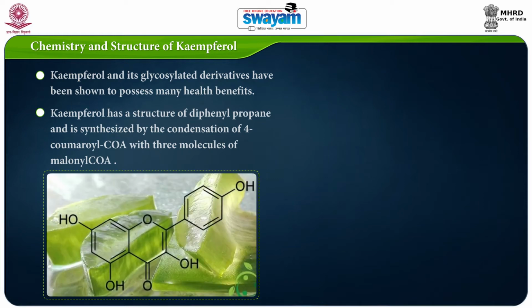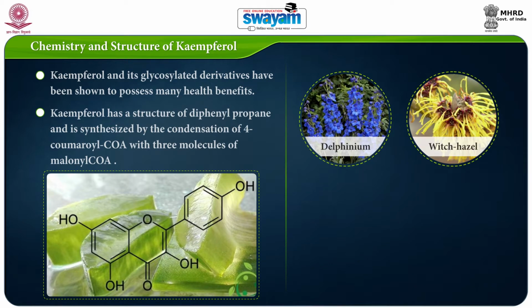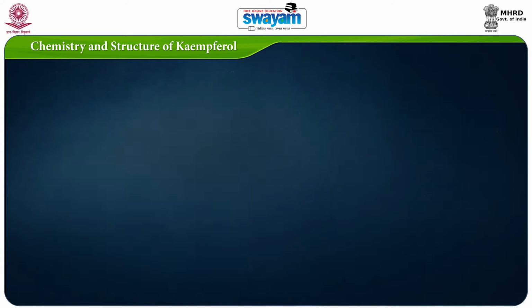Kaempferol has a structure of diphenyl propane and is synthesized by condensation of 4-coumaryl CoA with 3 molecules of malonyl CoA. Kaempferol is a natural flavonoid which has been isolated from delphinium, witch hazel, grapefruit and other plant extracts.